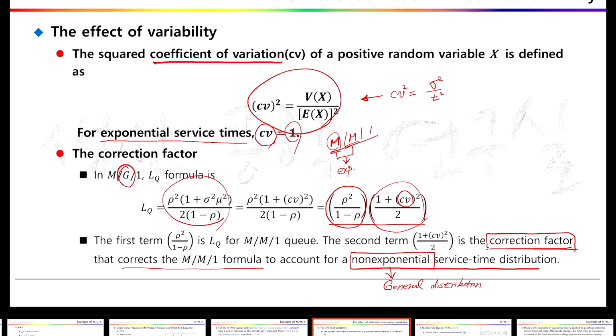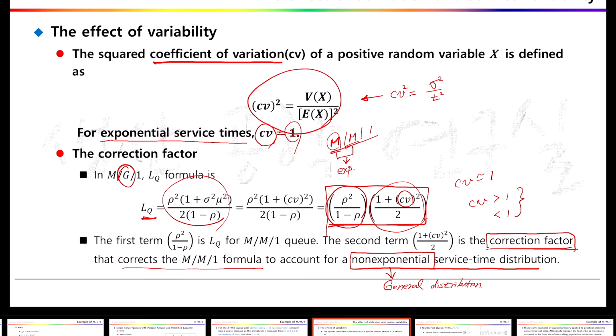It means that this is not an analytic solution. So if CV is near 1, then this LQ is very accurate. However, if CV is much larger than 1 or much smaller than 1, this approximation cannot be used for the actual calculation of the queuing model.